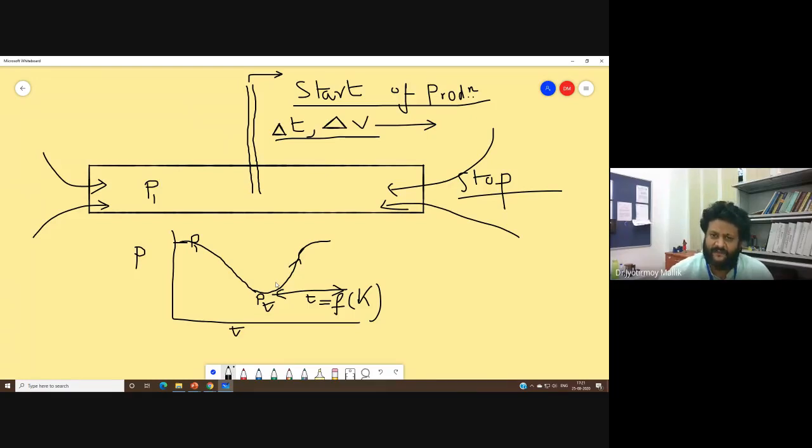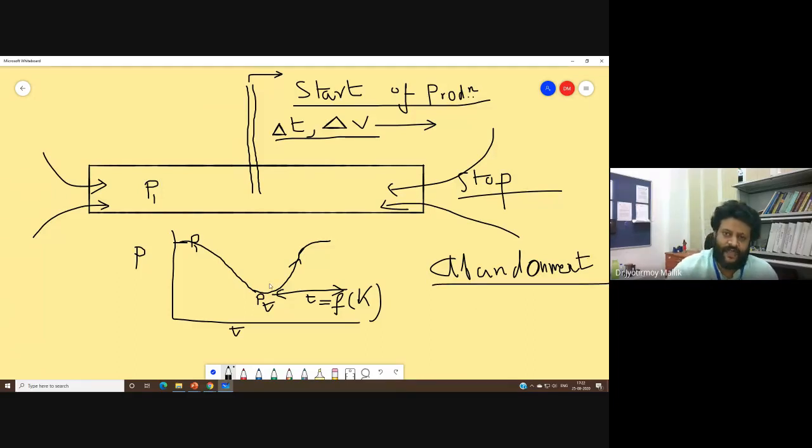Then there will be a phase of abandonment, and then I will shut off my wells, once we know that we have taken out all the hydrocarbon that we needed. But before that, there is no question of abandonment.